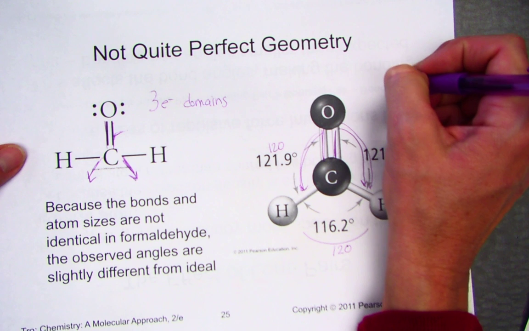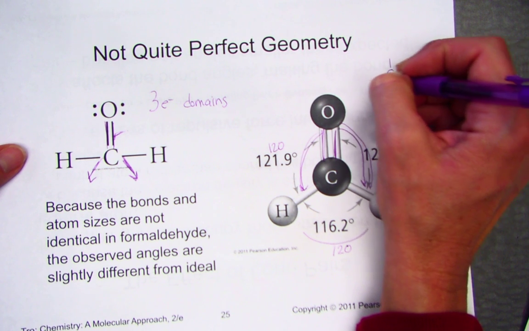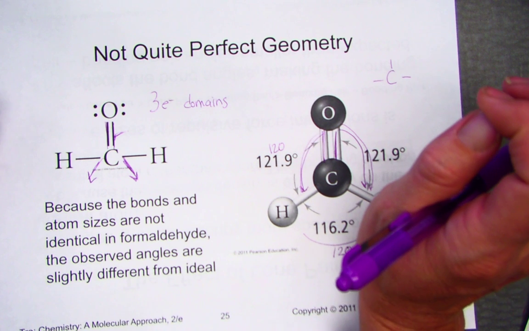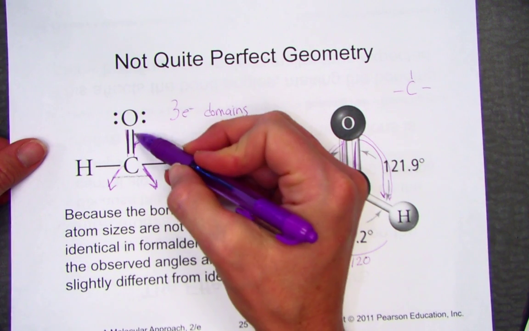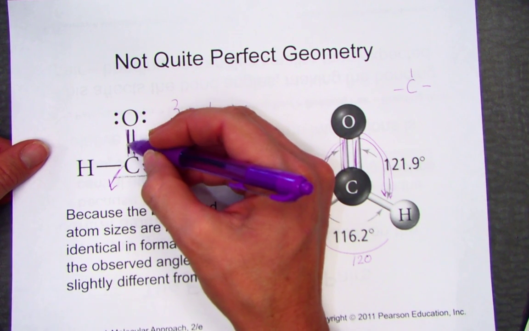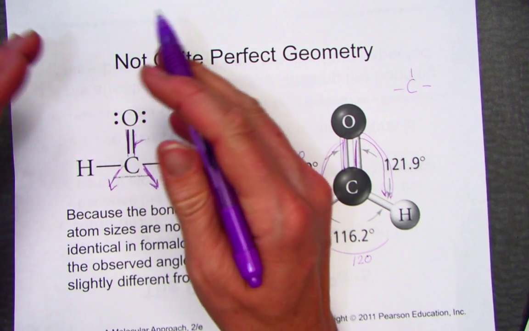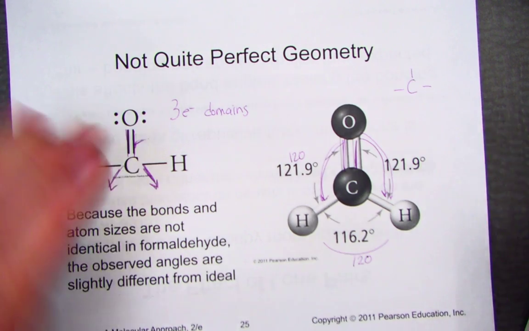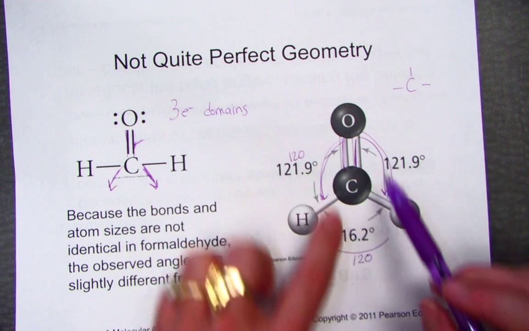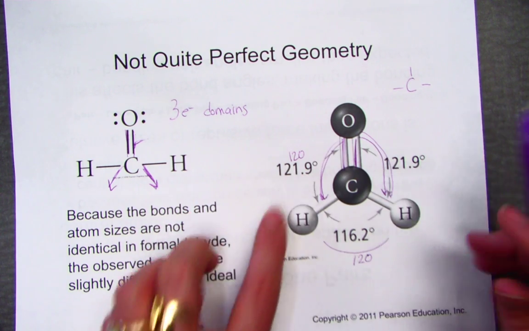If I had a central atom and it all had 3 single bonds, all created equal, I could predict with confidence 120 in each direction. It's when I have some unique bond compared to the others. A double bond is unique compared to 2 singles. It's going to push the hydrogens further or closer together, therefore decreasing the bond angle here, but increasing it here.